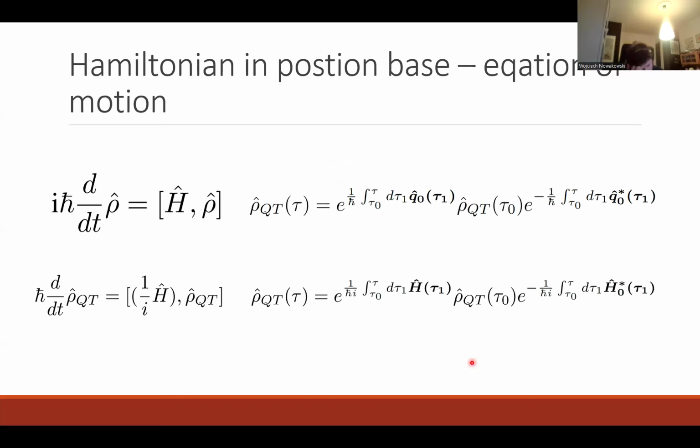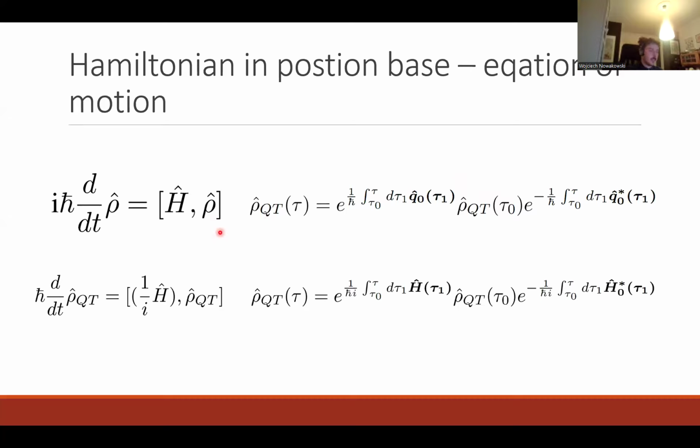So with this operator, we can now try to define something different, something like equations of motion.